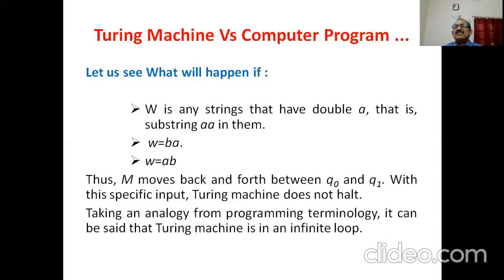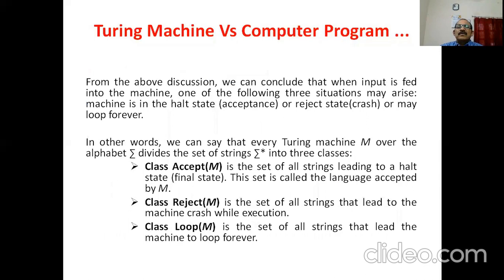Next class is loop M. It means it is a set of words that lead the Turing machine into a loop forever. Okay? Is it clear?